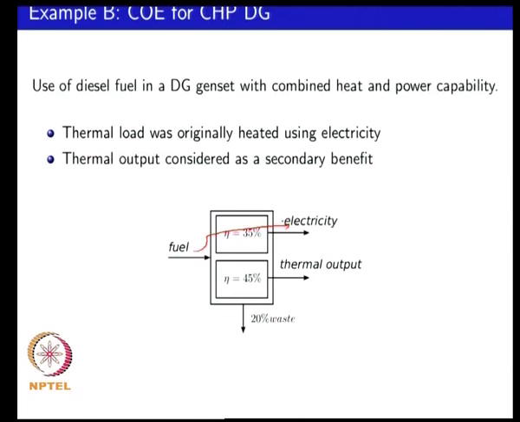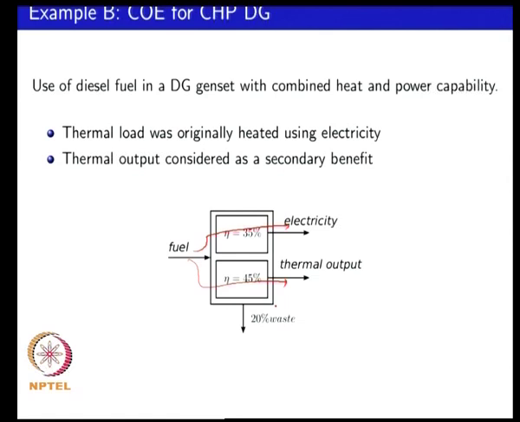So, fuel to electricity, you have an IC engine plus a synchronous machine plus governor and exciter, all the controls. You might have a heat exchanger which is exchanging the heat and generating thermal output, and your thermal output goes through a second path, and you are able to make use of say 45% of your fuel input as thermal output, and you still have an overall waste of 20% of your input energy.